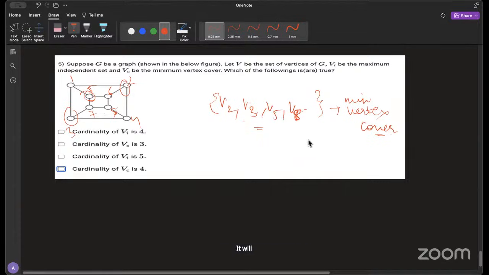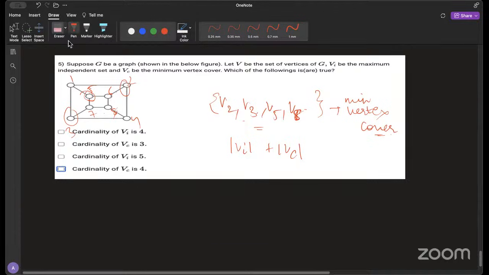It will be the summation of Vi and Vc. Is that what you're saying, that the summation is equal to the total number of vertices? I don't think that's a rule. That's not always true.